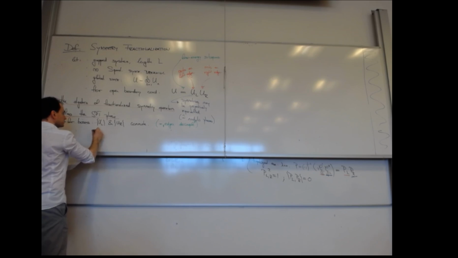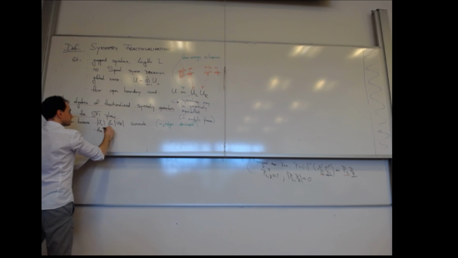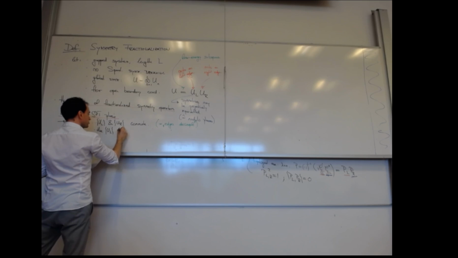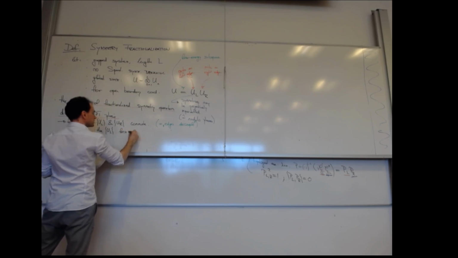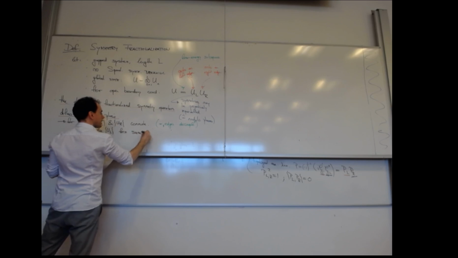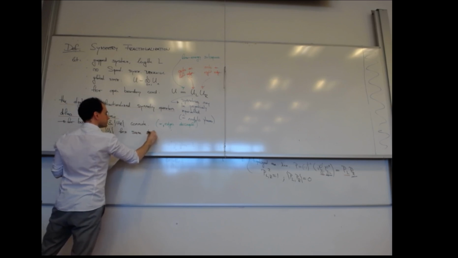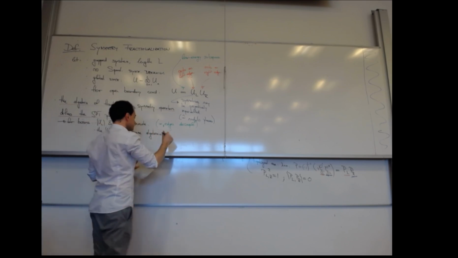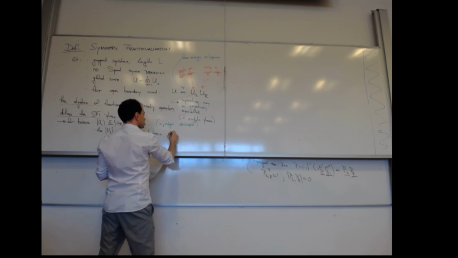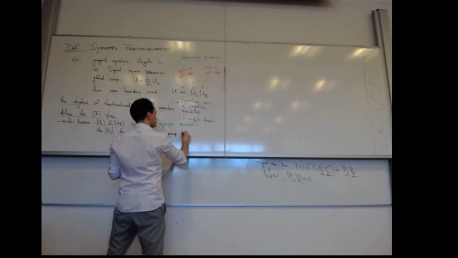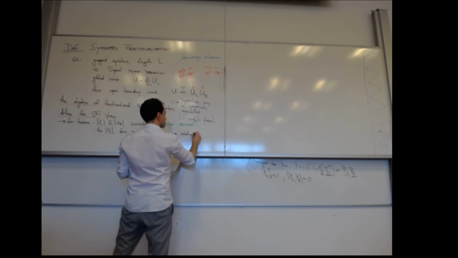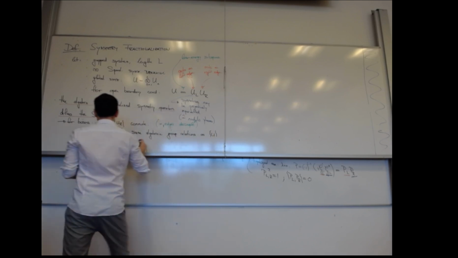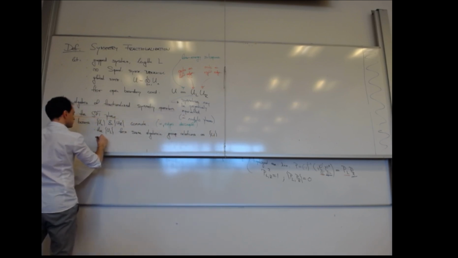The ULs form the same algebraic group relations as the original ones, modulo phase factor, right?